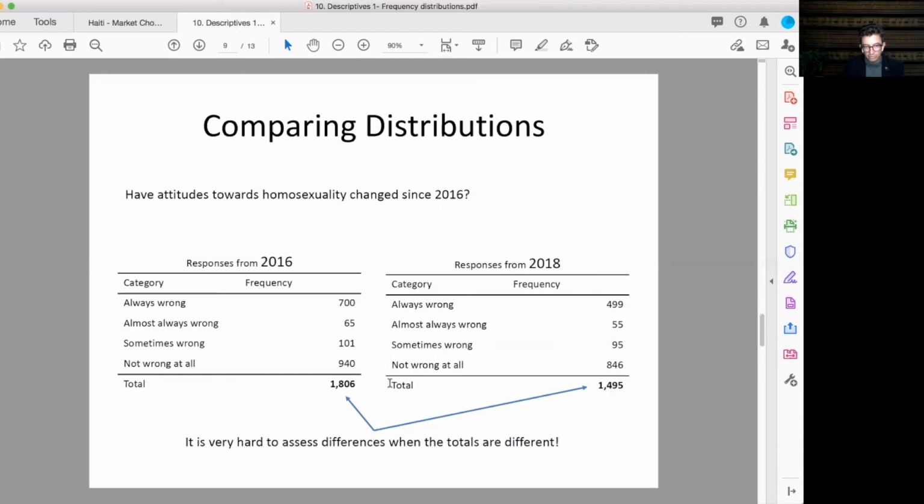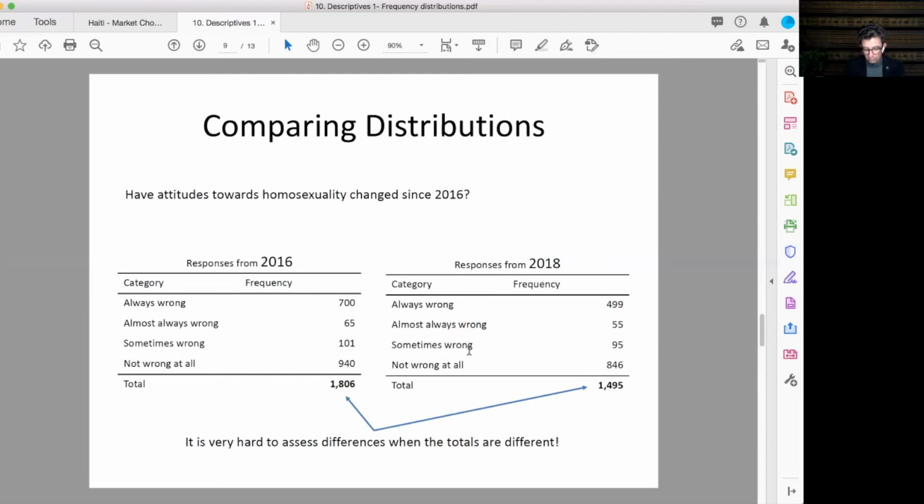And you see the totals are different. So it's very hard to see if there was a change in the number of people who said not wrong at all. Here, there were more in 2016 than in 2018, but then again, there were more respondents altogether. So it's hard to compare absolute frequencies.